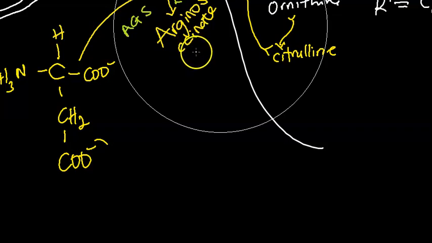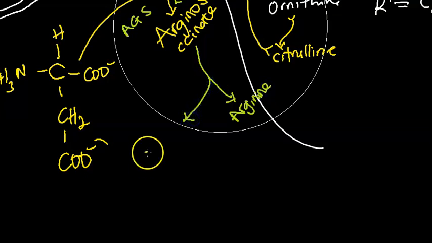So, at this point, argininosuccinate is broken down by argininosuccinate lyase to produce arginine and another compound known as fumarate.